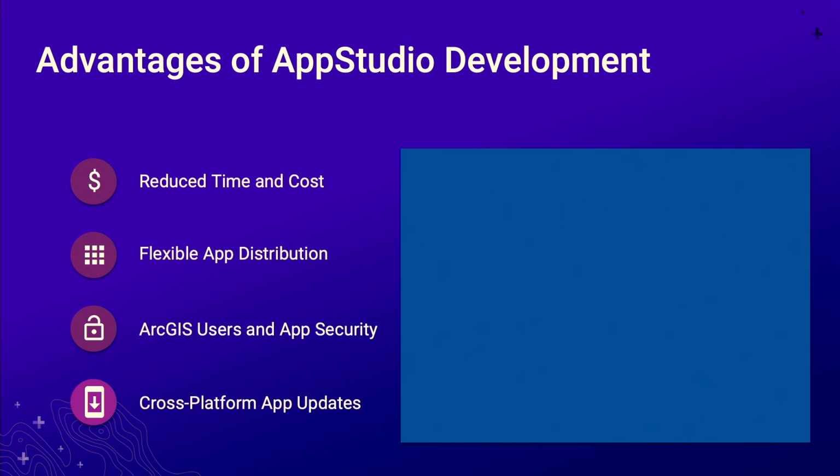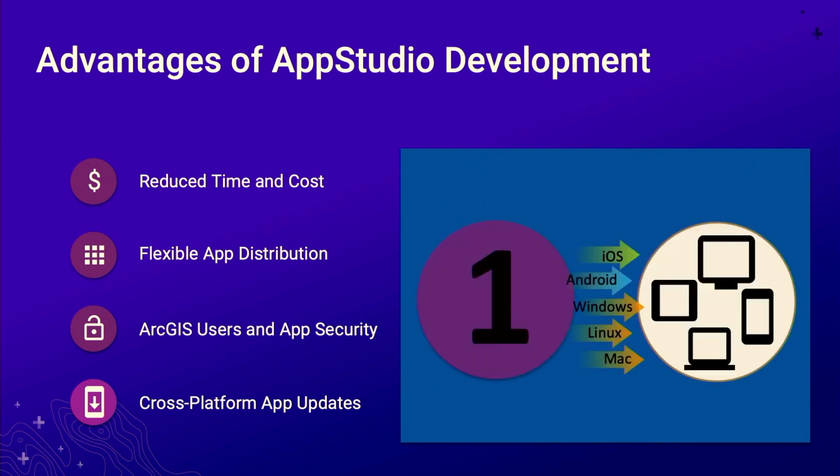Being able to use the built-in ArcGIS named users to add that access to data and maps and app security. And being able to do cross-platform updates. So when you do need to push an update to your app, you can really write it once and push it out to all those different platforms. Because with AppStudio, it is truly writing the app once and deploying it and distributing it to all these different platforms.